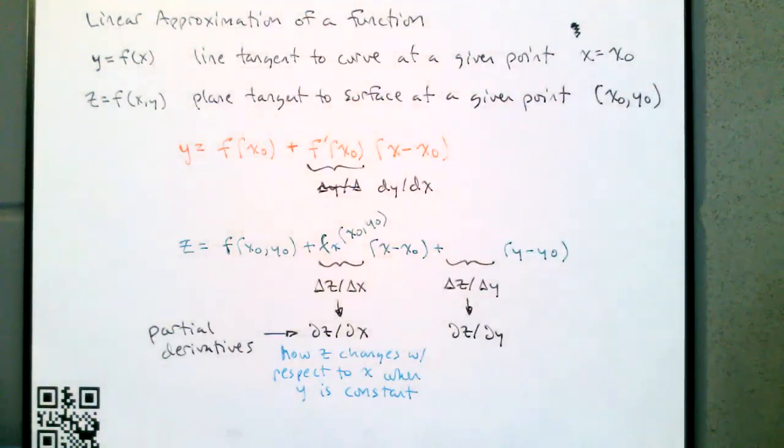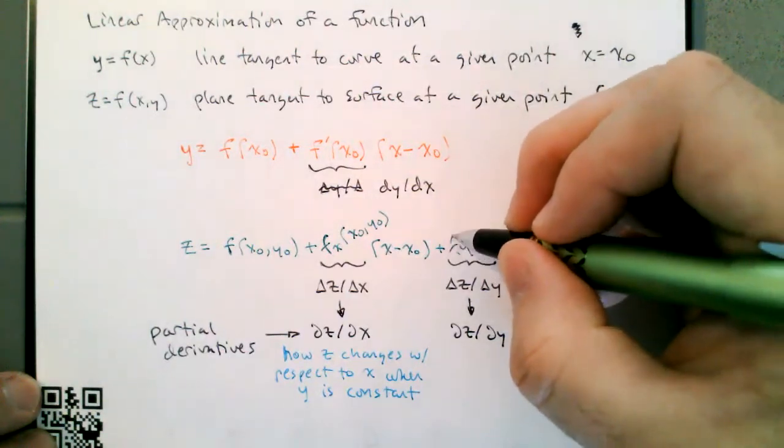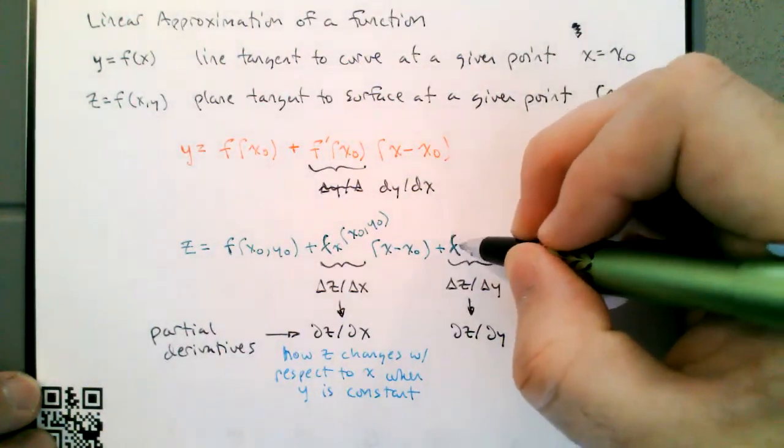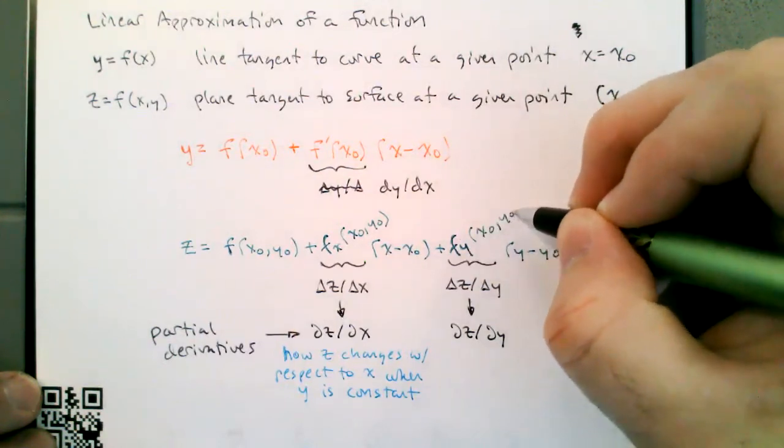So I'm going to say fx at x naught, y naught, when I mean the partial derivative of z with respect to x at x naught, y naught, and fy. We should be saying f sub y, but we're not gonna. We're just gonna say fy and fx.